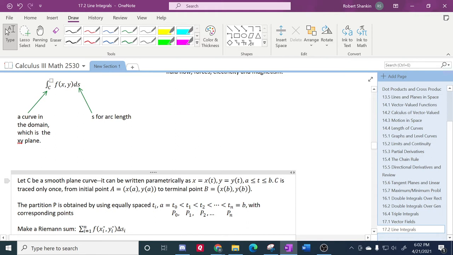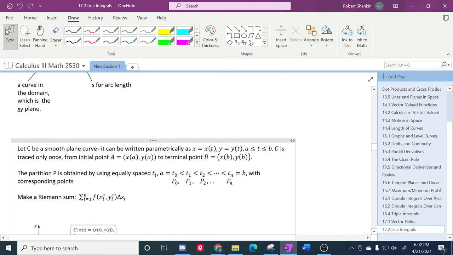So if this was between time 1 and time 3, you'd have 1, 1.1, 1.2, and so on, all the way up till you got to 3. With corresponding points P0, which is happening at t0, P1 at t1, and so on, all the way to Pn. So I put these P's way over here to see how they correspond. Okay. Then you make a Riemann sum.